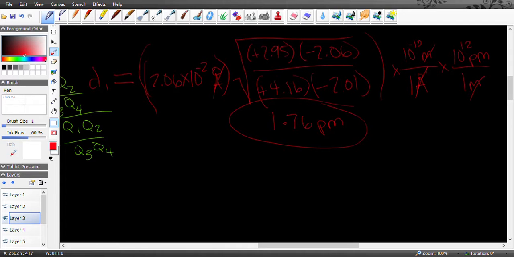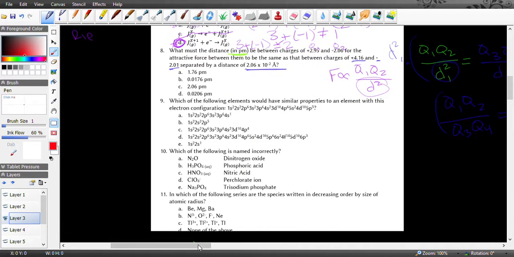You have 3 sig figs on everything. You really honestly don't need to worry about the charges. You just need to make sure that they cancel out. So a negative divided by a negative is going to be a positive. But yeah, so 1.76 picometers. That's A.